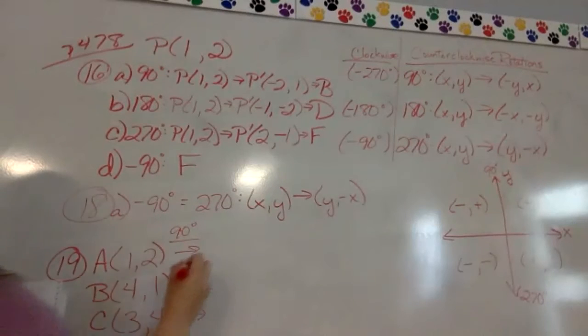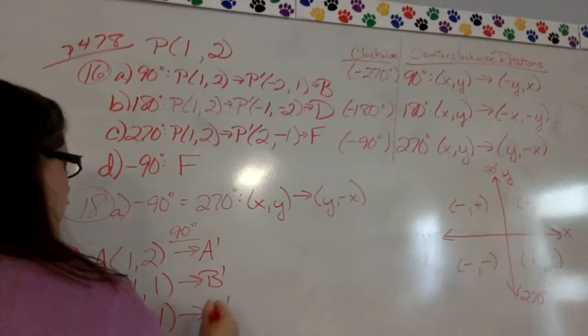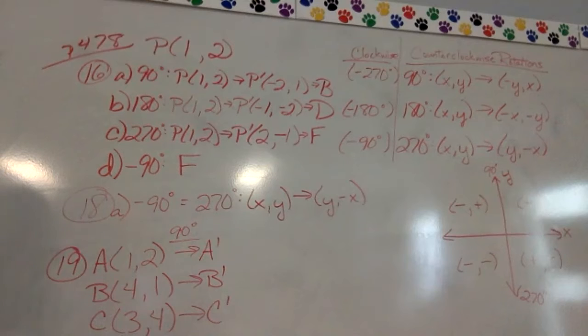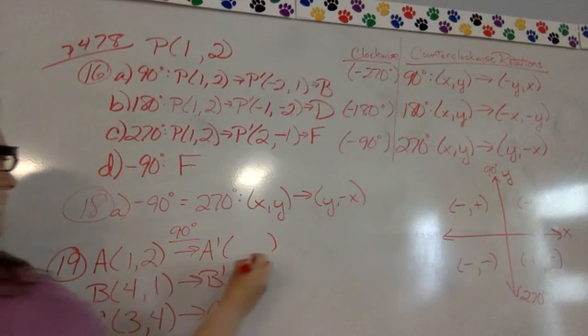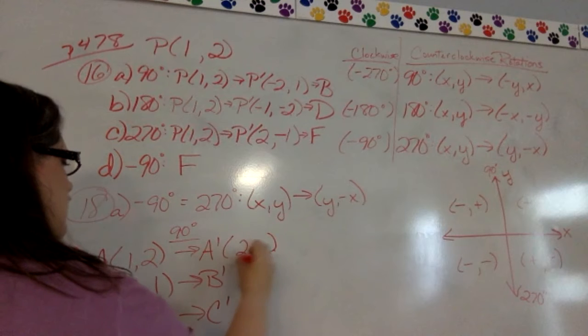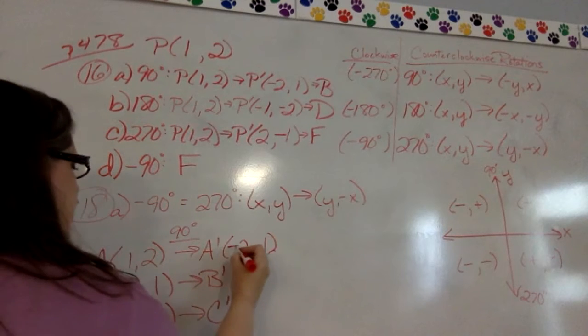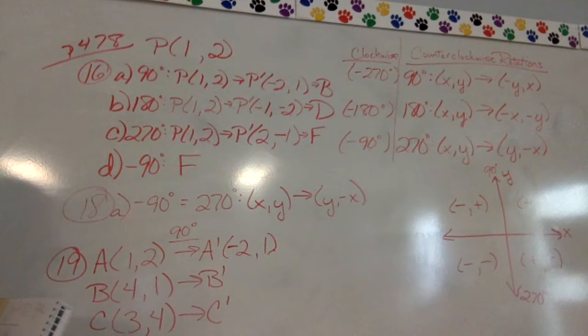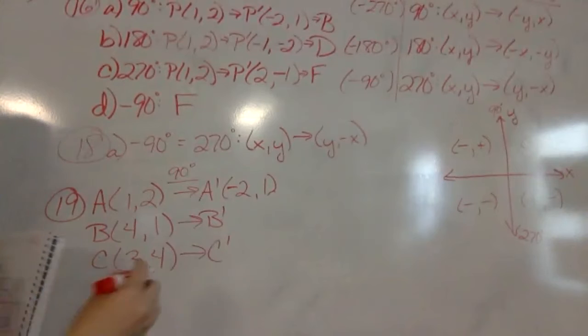So I've got to find my A prime, my B prime, and my C prime, my points in my new image. So I flip the coordinates. If it was (1, 2), it's going to become (2, 1). And then I change the sign on the one that lands in the front, so it will be at (-2, 1). You flip the coordinates, change the sign on the one in the front. It's just using your rule.